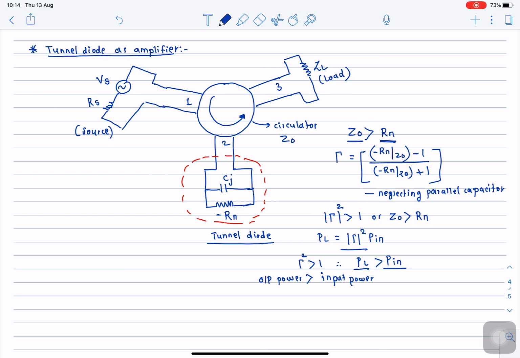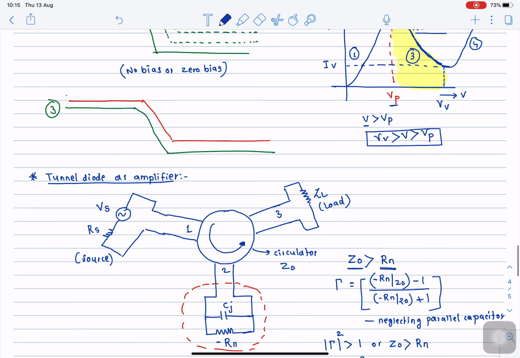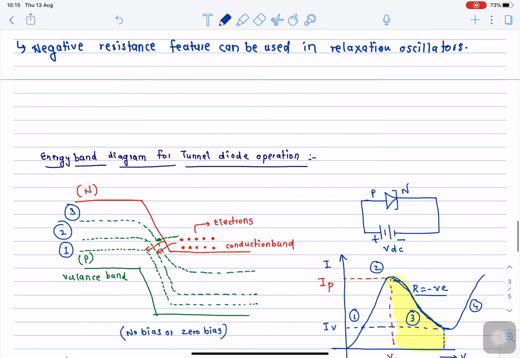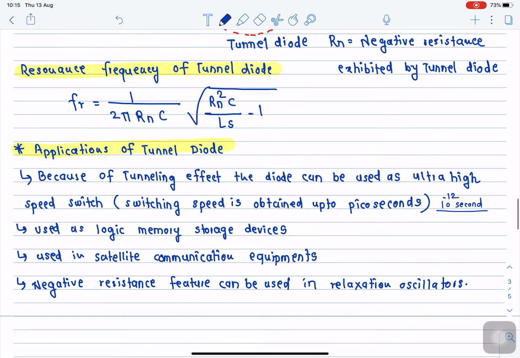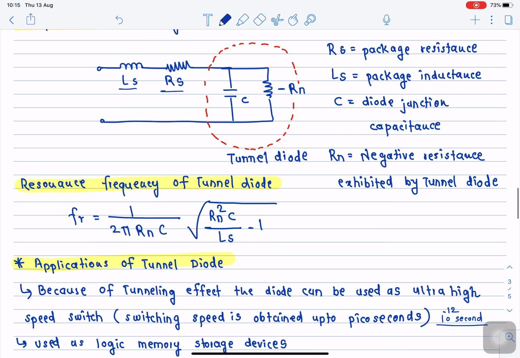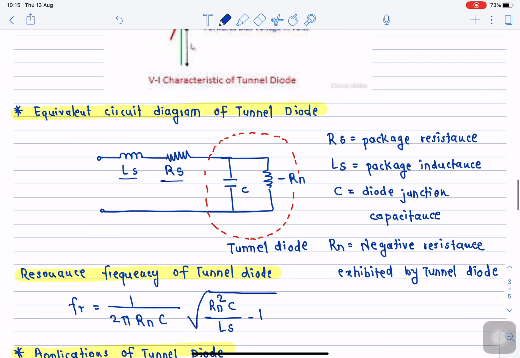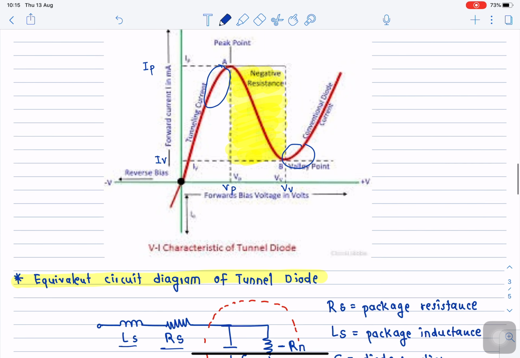Similarly, when tunnel diodes are employed with a tuned circuit or tank circuit, they can also be configured as a microwave source, and used as a microwave oscillator. So this is all about the tunnel diode construction, working principle, negative resistance phenomena, the equivalent circuit and applications, and the VI characteristic we also saw.